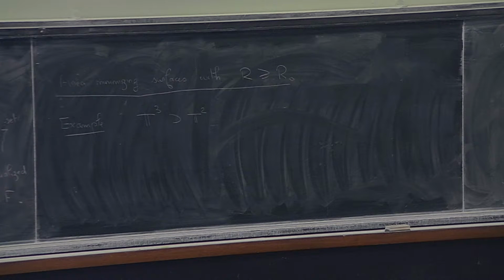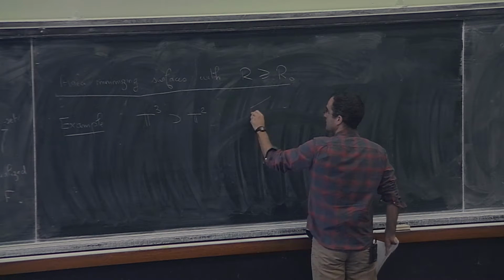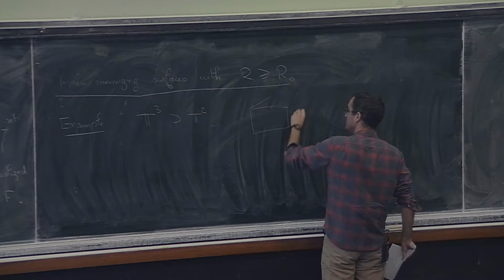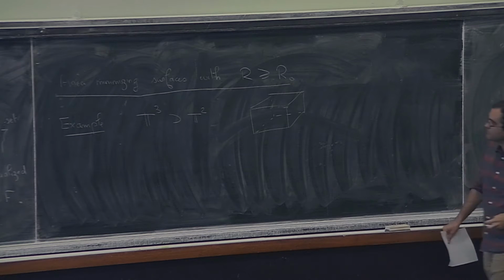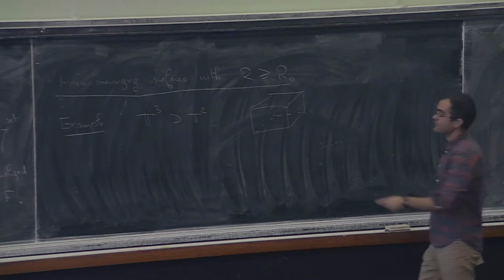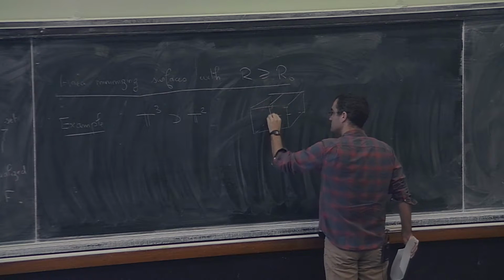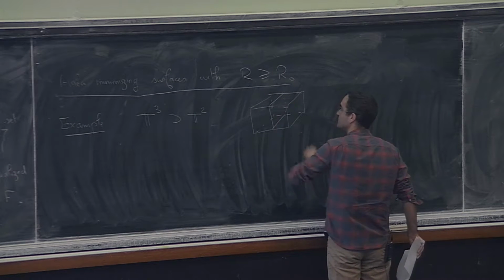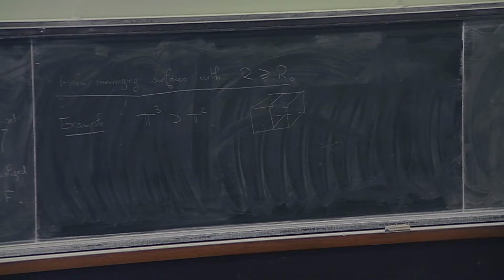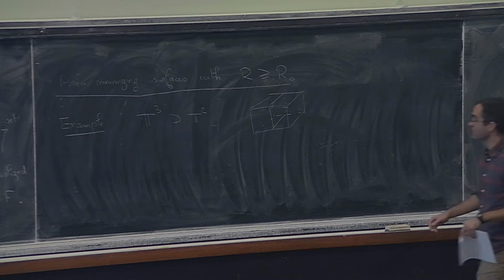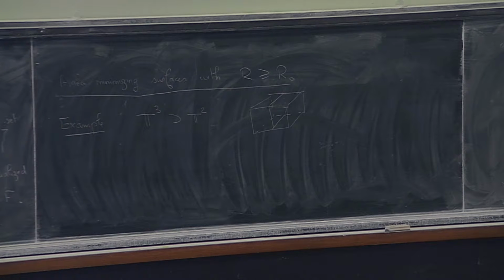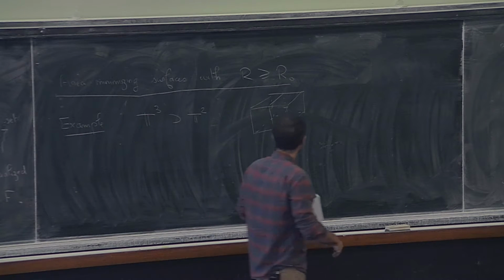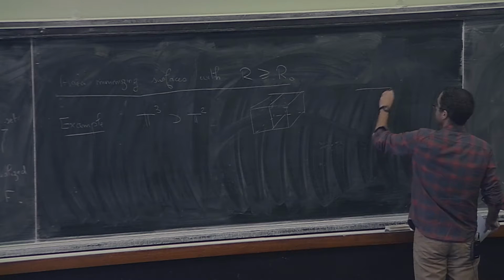Let me draw a picture of the three torus, where you glue the opposite faces, and you can think about this T2 like this inside it. It's clearly incompressible: the pi 1 injects into the pi 1 of the ambient manifold. So you can apply this result to produce, in the isotopy class of this torus, a minimal one.